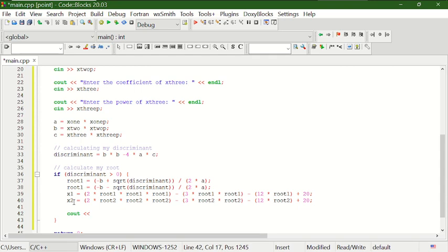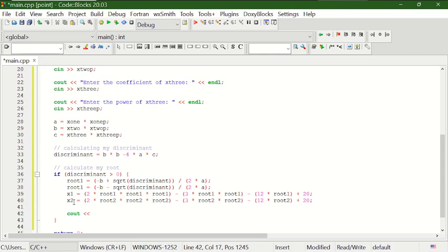So we want to print out the root, then print out the point. Yes, these are the two things we want to do. Root 1, root 2, we want to print it out to the user, then the point 1, point 2 also, so that you can have all the 4 points of the curve.